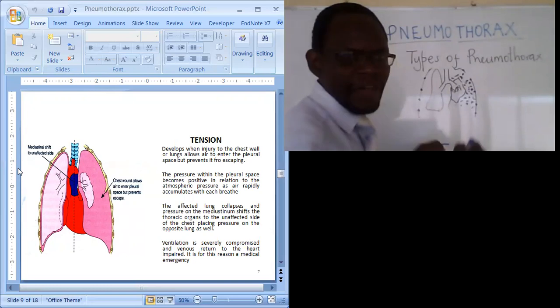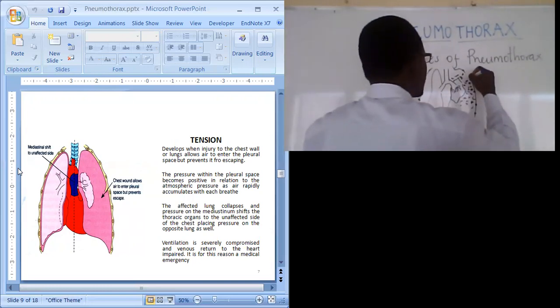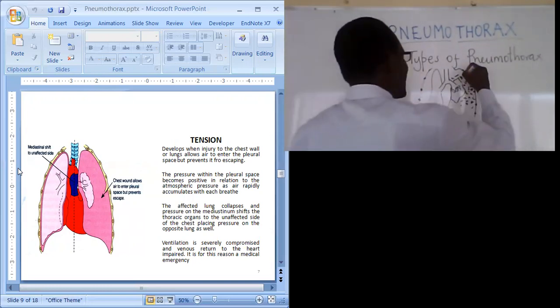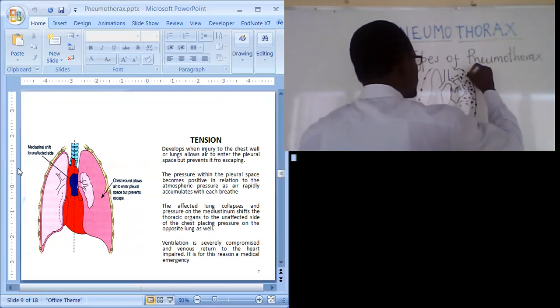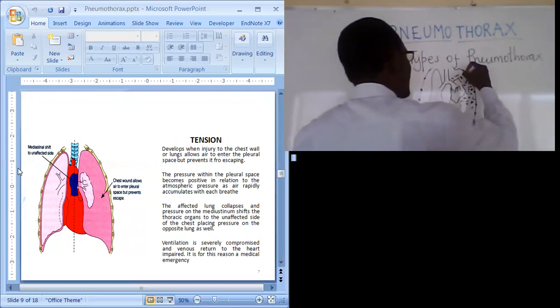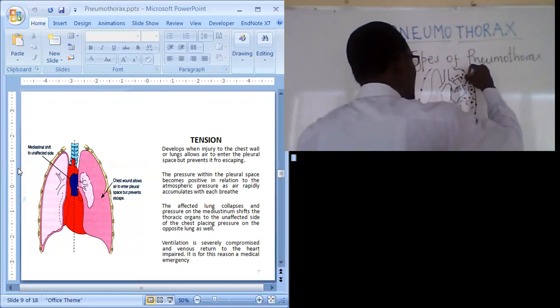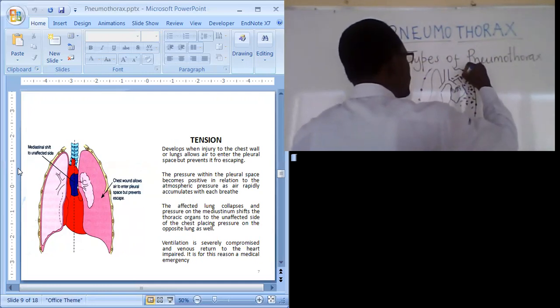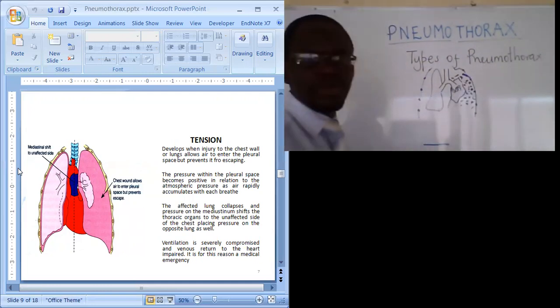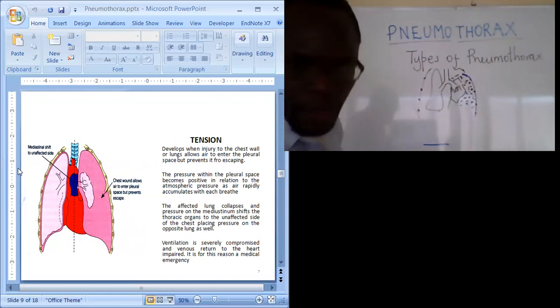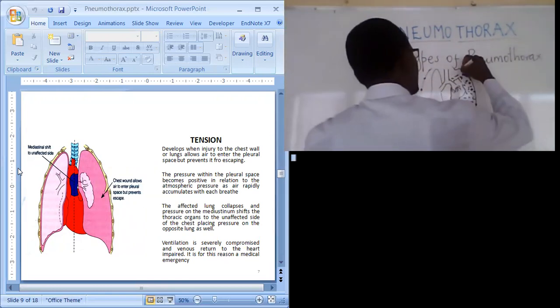If I might draw it and demonstrate it here, it is something like this. You have an extension of the rib cage, while this part remains hanging.